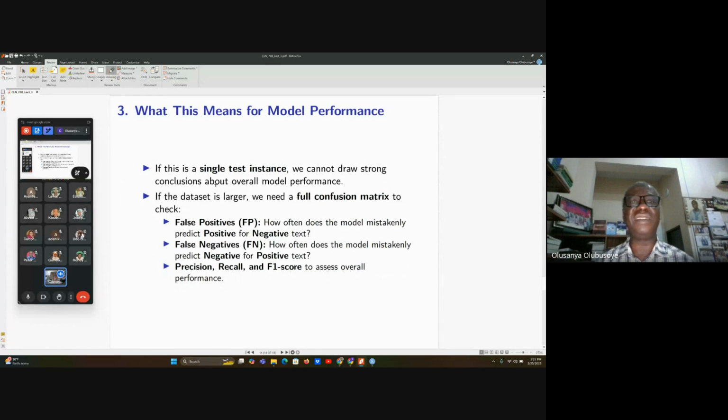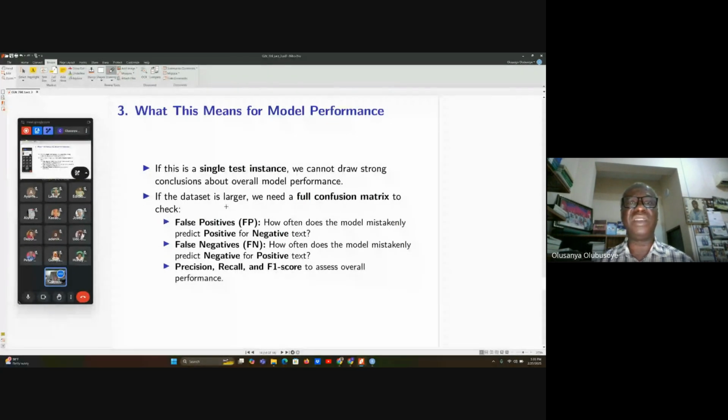If this is a single test instance, we cannot generalize and say the model has done fantastically. We need to have more data before we can really conclude that the model has done very well.